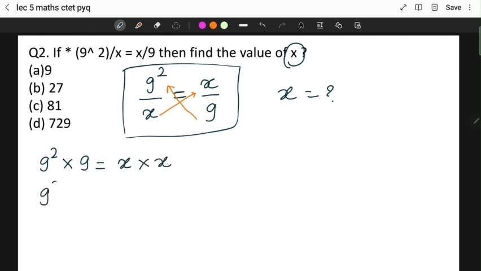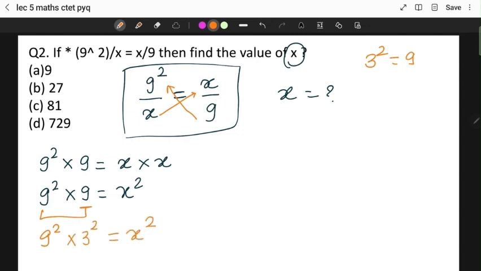This will give me 9 square into 9 is equal to x square. Can I write this particular 9 as 3 square, because 3 square is nothing but 9? So I'll write this as 9 square into 3 square is equal to x square. Can I write like this?